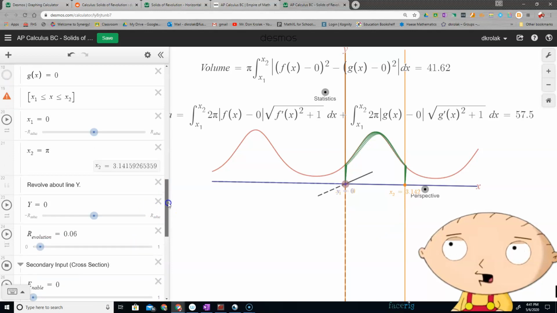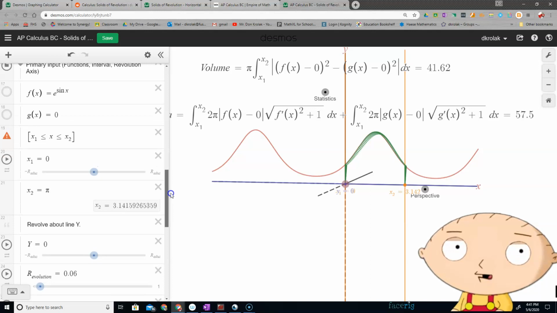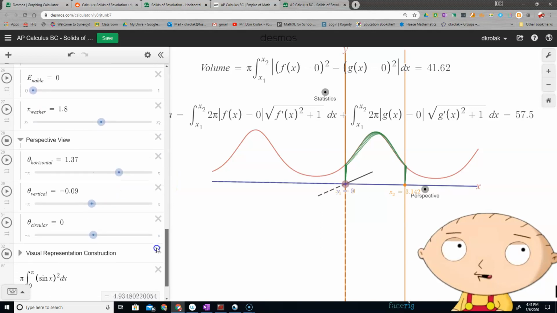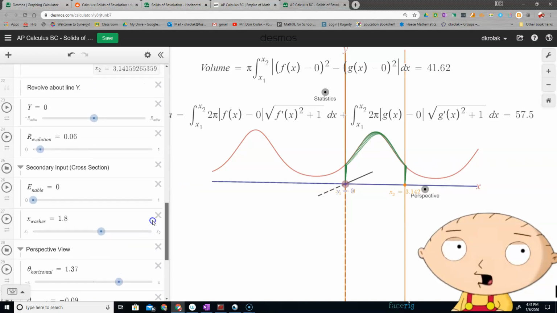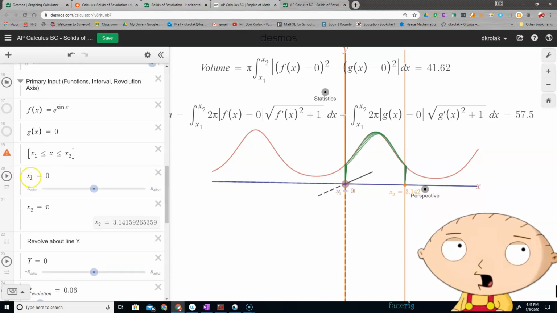All right, our two bounds were between 0 and 2. So my boundaries are right here.